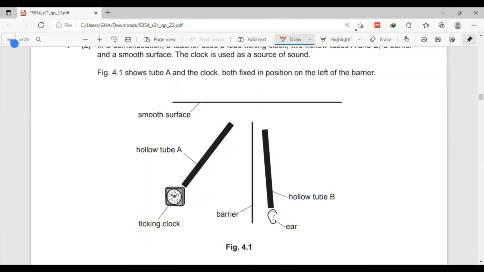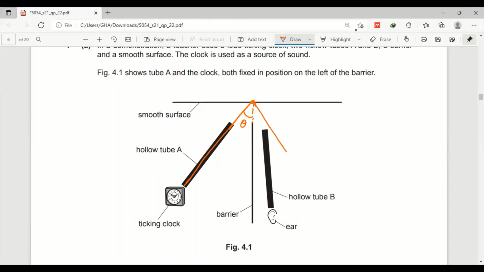Look, the sound is traveling through tube A. It's striking here. This is the point of incidence. And then this is the normal. This theta is the angle of incidence. According to the rule, the angle of reflection is the same.